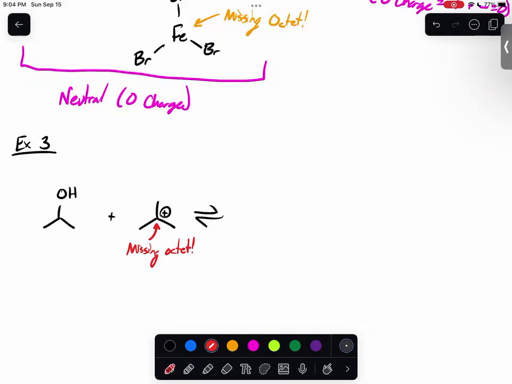And so if it's missing an octet, that immediately points us to the fact that this is a Lewis acid, right? That also must mean that our alcohol over here is a Lewis base. So you can see that it's not just these metals that can do it, but sometimes other charged species can too. And so with that, this alcohol could come in, give its electrons to that carbon, and it'll form a bond between the oxygen and the carbon.